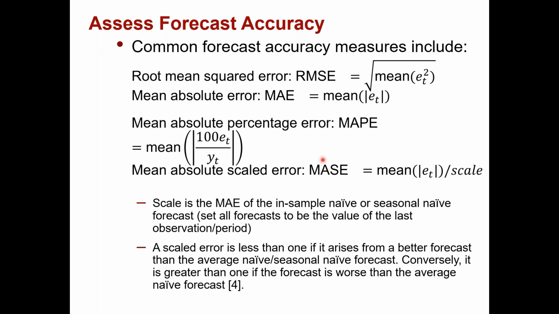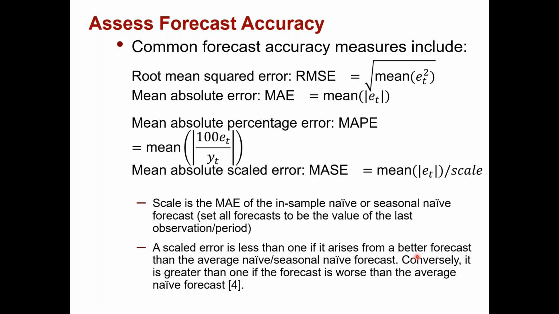Also, we have forecast accuracy metrics: root mean square error, mean absolute error, mean absolute percent error, and mean absolute scaled error. The scaled error is useful because if you have a scaled error less than 1, it means that your forecast is better than that which would be achieved by a naive forecast, which is simply the current value predicts the next value.